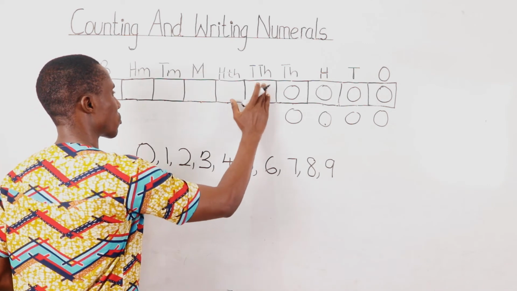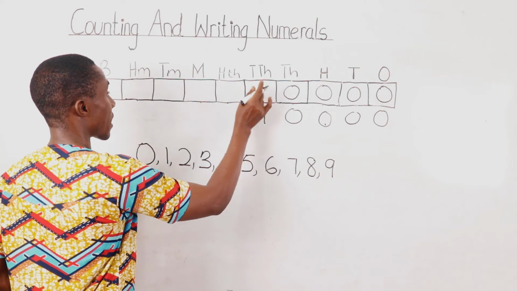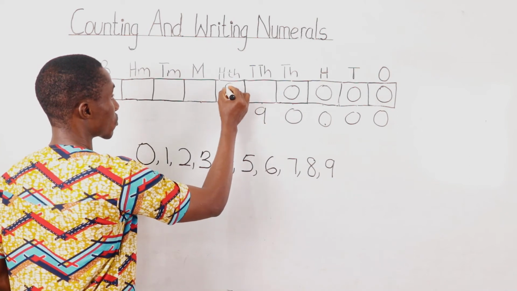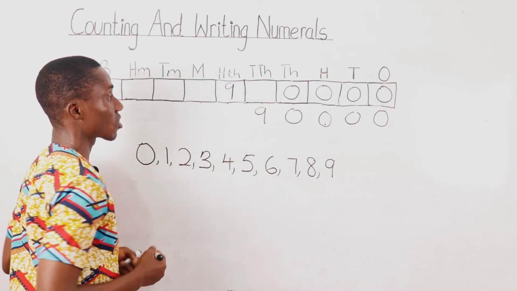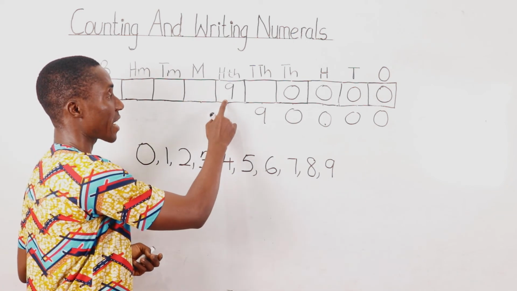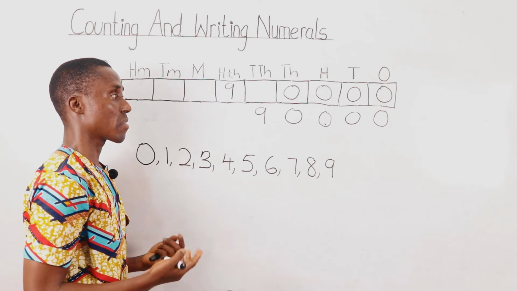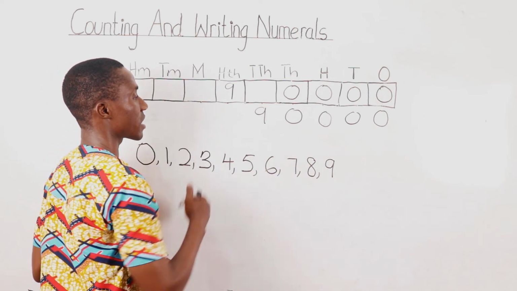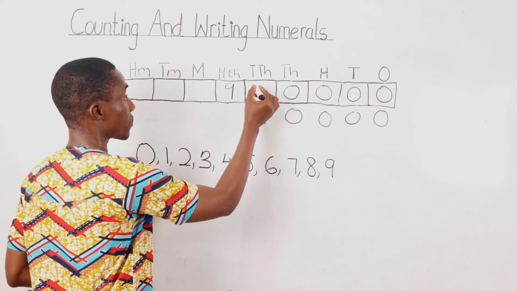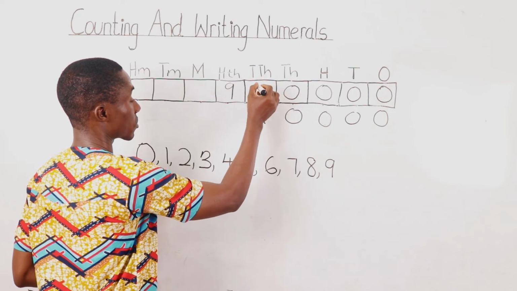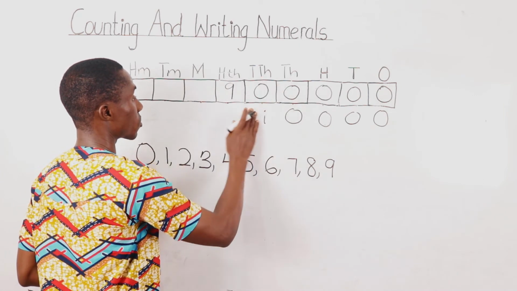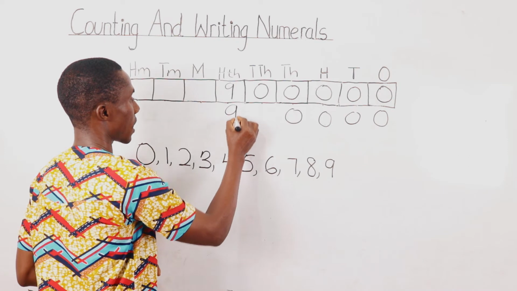If 9 were to be in the 100,000s place, we are going to have 900,000. And therefore, the 10,000s place will contain 0.